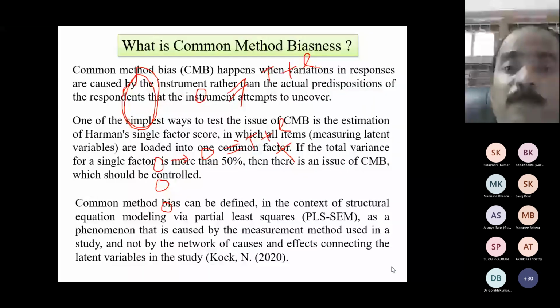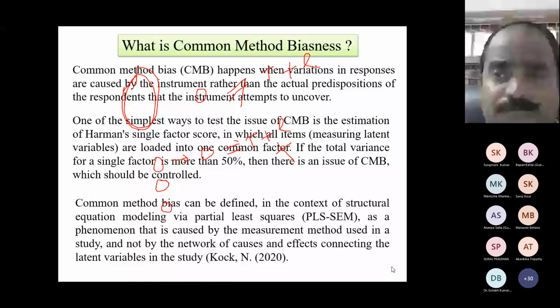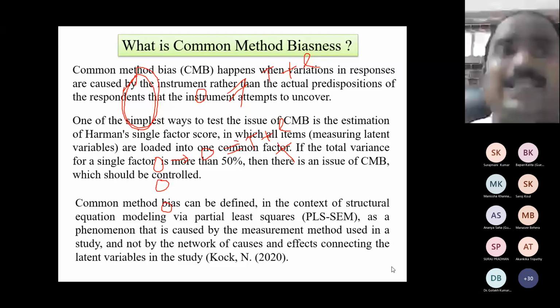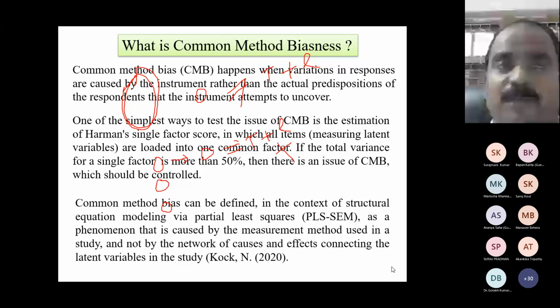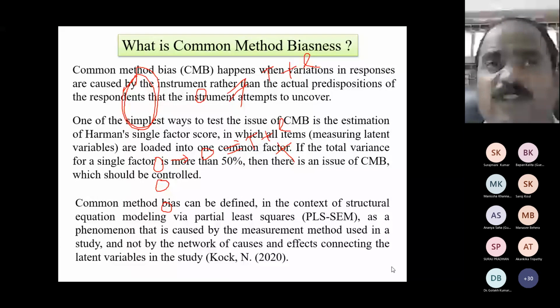That means no common method biasness. In my research, I am safe. There is no common method biasness. If your cumulative variance after producing one factor is more than 50%, then you are in danger. That is a common method biasness. That means the error is mostly because of your method, not because of real difference in the minds of the respondents. You want to judge the real difference in the mind of the respondent, but your method has created the disturbances.